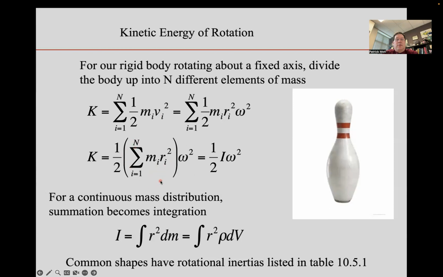If this summation extends to a continuous distribution of matter, instead of just individual particles, think of it instead as a continuous distribution. Then you have a little calculus exercise set before you. The rotational inertia means integrate over the mass distribution weighted by the distance to the rotation axis squared.